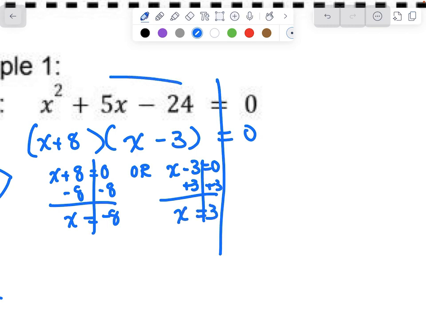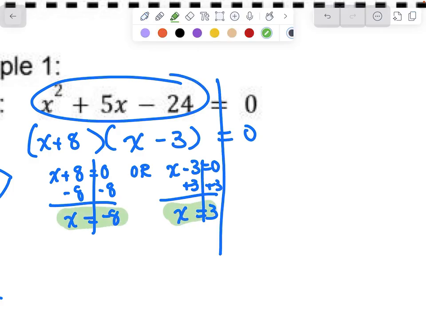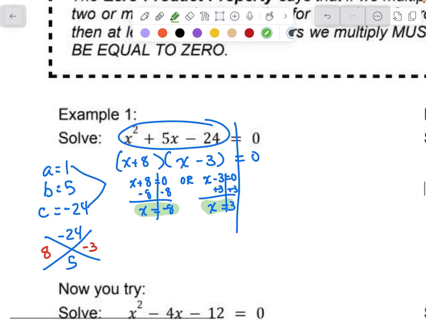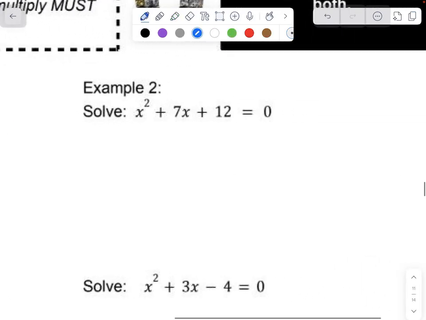And if you were to graph this quadratic, you would see that it has x-intercepts at negative 8 and positive 3.